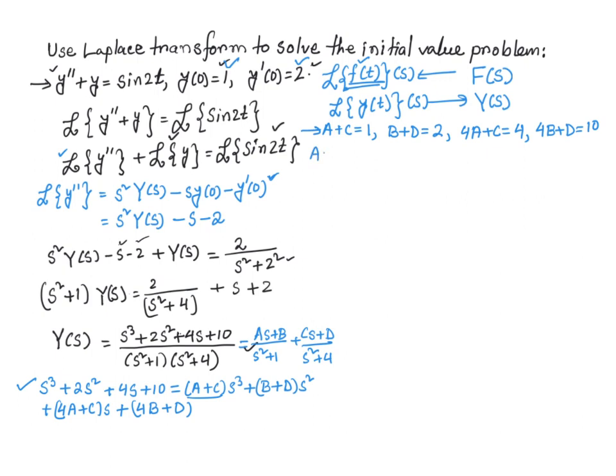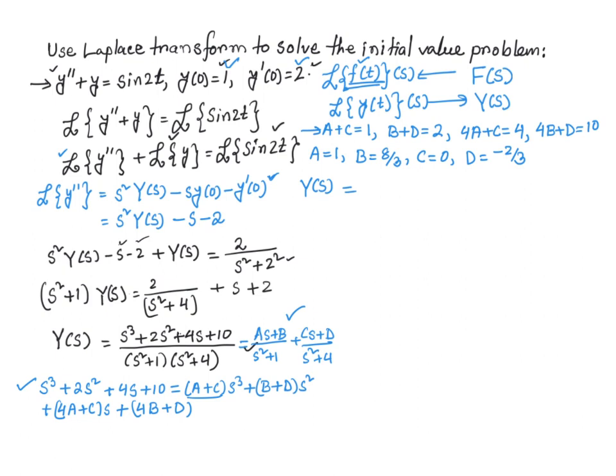Once you solve it, you get a is equal to 1, b is equal to 8/3, c is equal to 0, and d is equal to negative 2/3. So my Y of s then becomes this. I'm just going to plug in the values here.